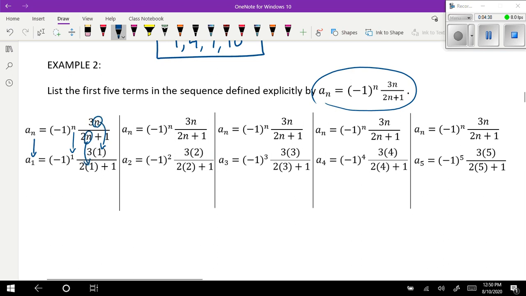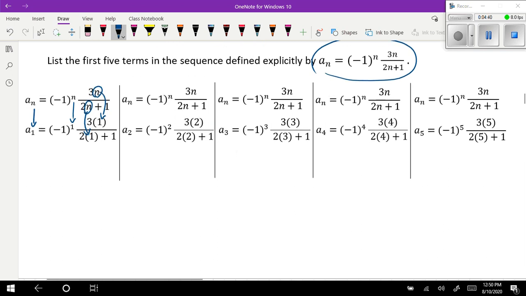So I'm looking at a sub 1 is going to equal negative 1 to the first, which is just negative 1, and I'm going to leave that in parentheses because I'm about to evaluate this fraction right here, and I'd like for this fraction to also be in parentheses so that I can show multiplication. So the numerator, 3 times 1 is just 3, and on the denominator, we're going to do a little bit in our heads here. 2 times 1 is 2, plus 1 is 3 again.